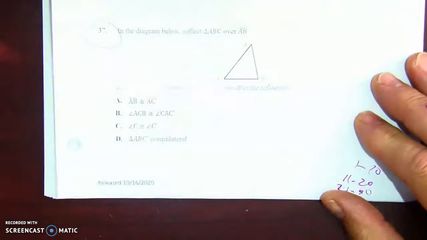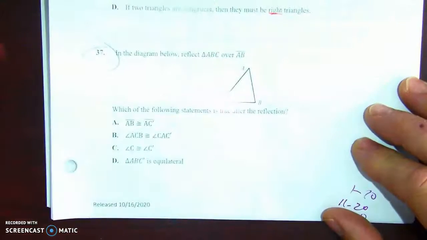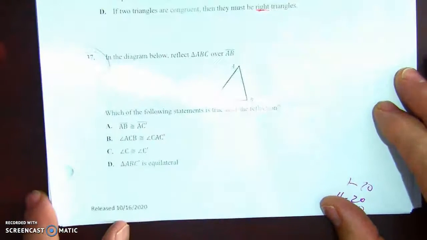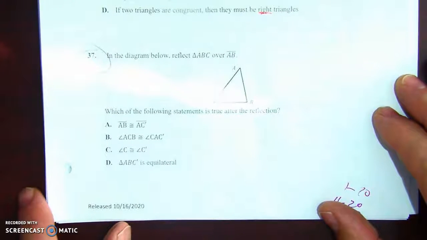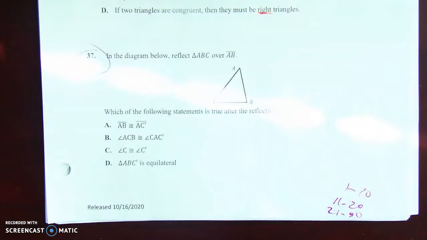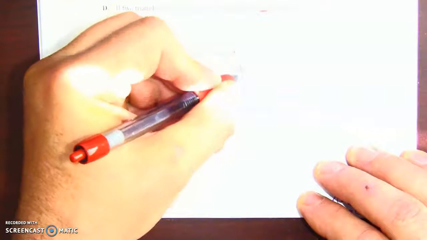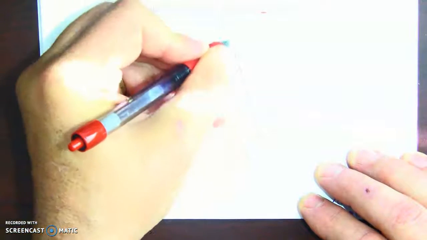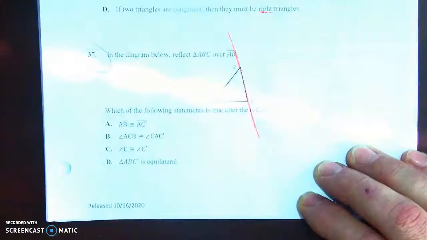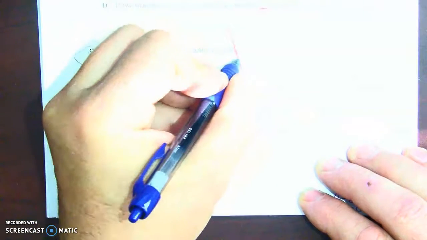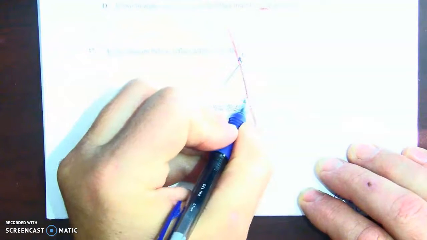states, and we have a figure here. It says, in the diagram below, reflect ABC across AB. So AB is right here, so I'm going to draw a line straight through AB. That means we need to draw and reflect. A and B, if we reflect over here, are going to stay the same, because they're right on the line.